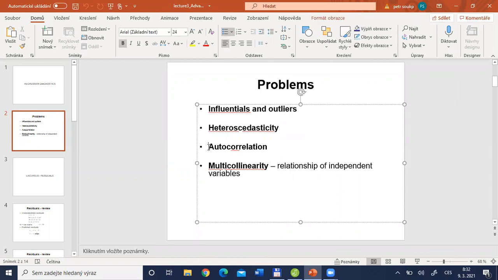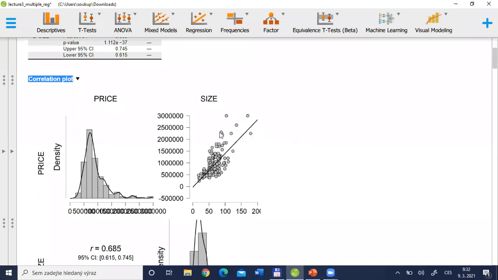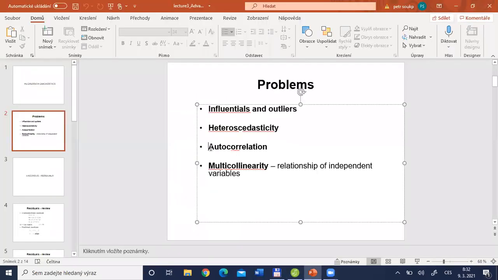The second problem, which is closely related to heteroskedasticity, it means through some differences of individual points from the regression line, is called autocorrelation.